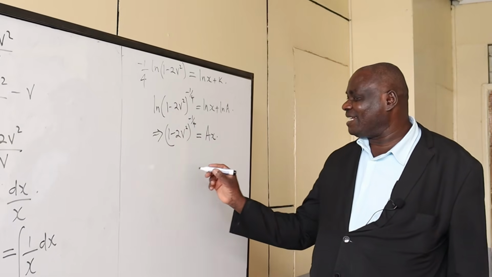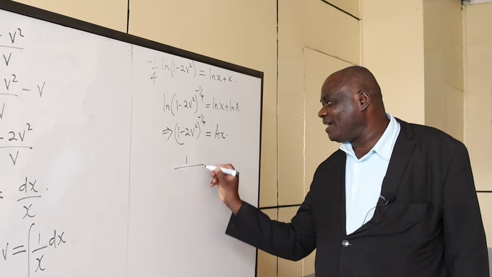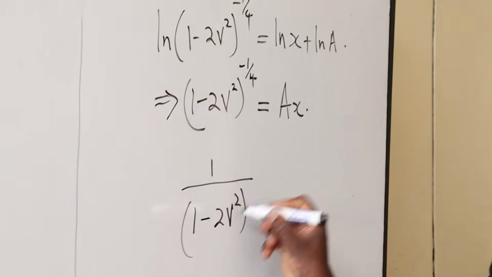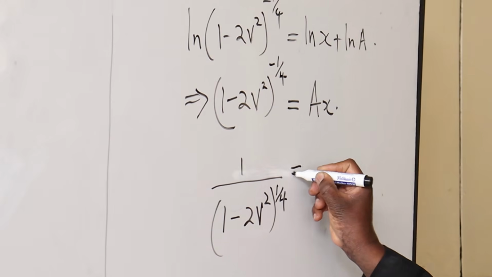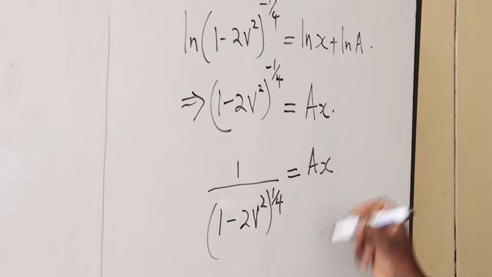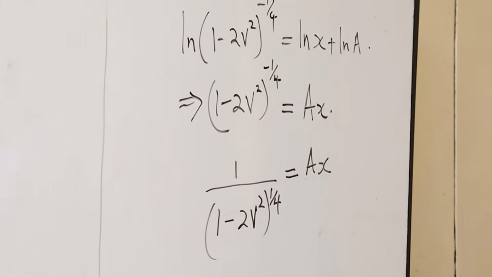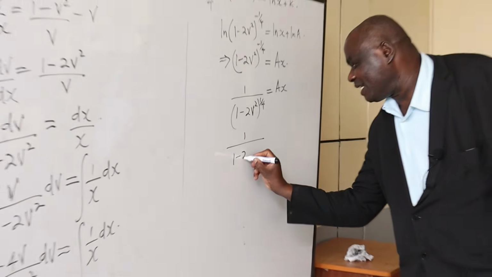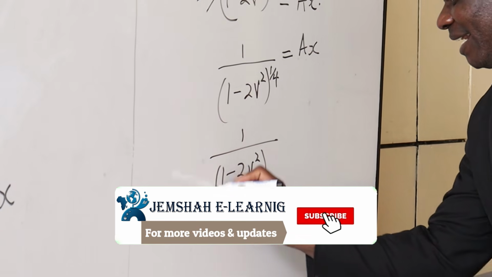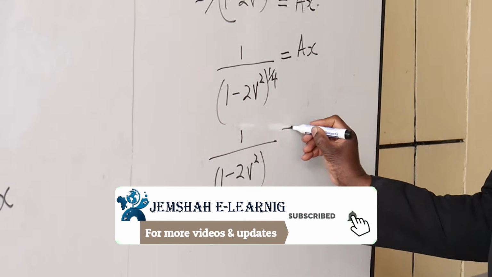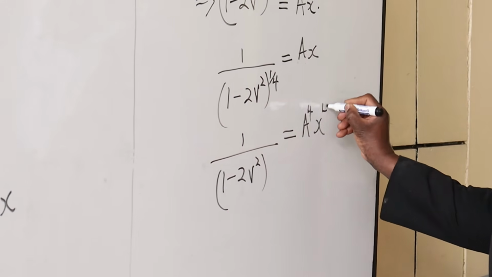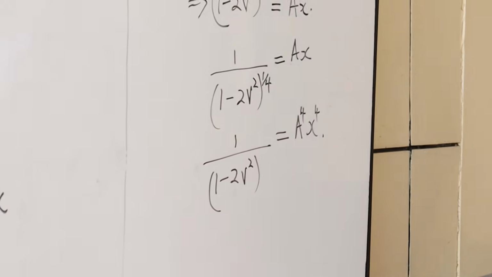Or this one we can write as 1 all over (1 minus 2v squared) raised to power a quarter is equal to ax. Now to clear power quarter, we raise both sides to power 4. So this one will be 1 all over (1 minus 2v squared) will be equal to a to the power 4 x to the power 4.